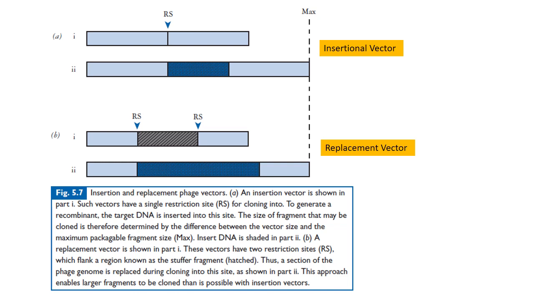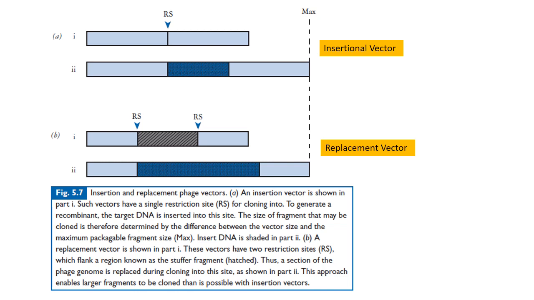Two types of vectors are possible: insertional vectors and replacement vectors. In case of insertional vectors, you can see there is one restriction site which can be digested and where the foreign DNA can be inserted without removing any part of the lambda genome.